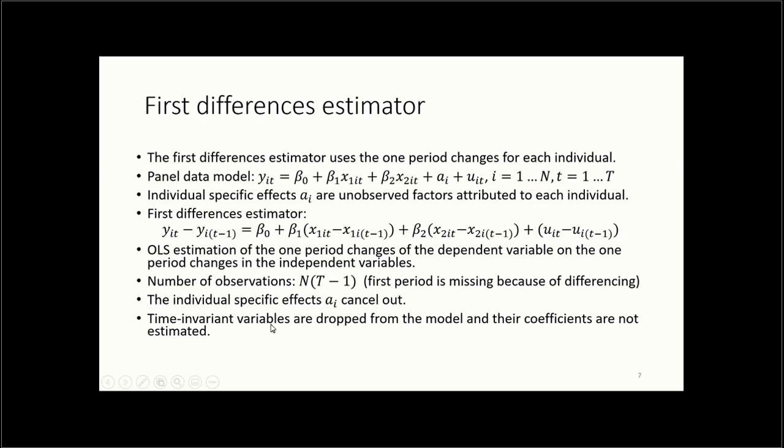So if we have a variable like education that does not change for the individual in the data set, then such variables would be dropped from the model because there would be 0 for every individual, and therefore their coefficients cannot be estimated.